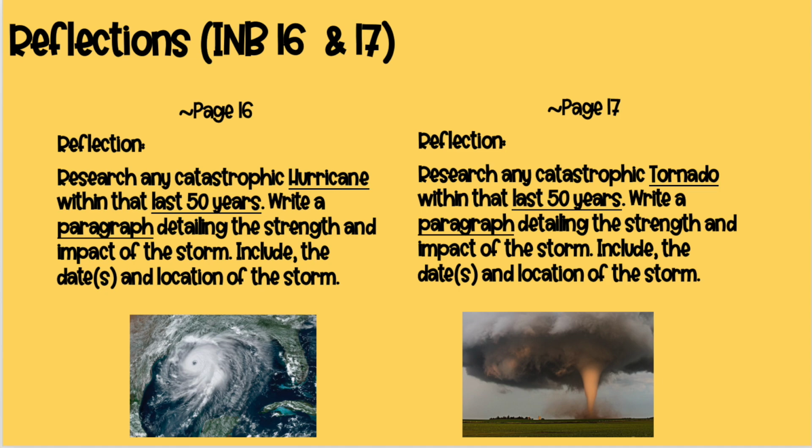Make sure you include the date and location of the storm. On page 17, you're going to do the same thing, except for a tornado. So you're going to research any catastrophic tornado within the last 50 years. Strong 8th grade paragraph. Detail the strength and the impact of the storm and include the date and location of that tornado.